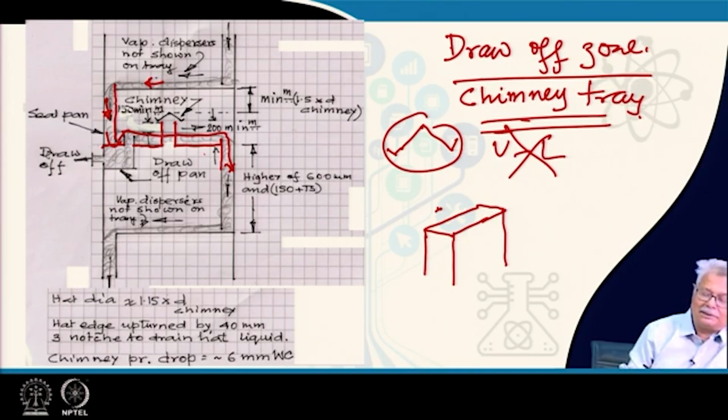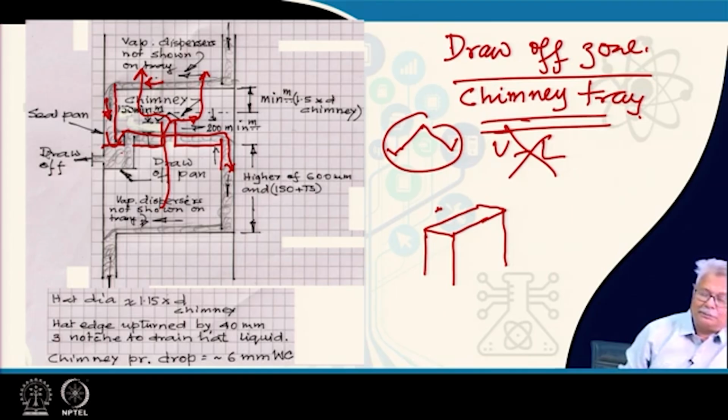What happens in this particular case is the vapor coming from the bottom goes out and goes up through the upper tray. The liquid here, since it does not have any chance of contacting with the vapor, is not a mass exchange or a heat exchange tray.